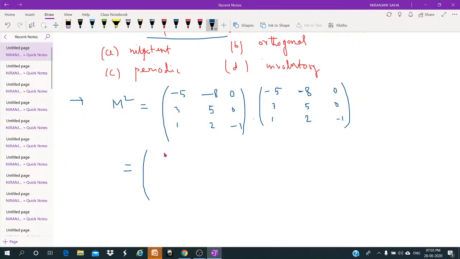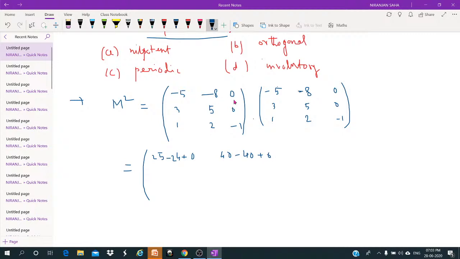This will be 25 minus 24 plus 0. Here it will be plus 40 minus 40, and then 0.